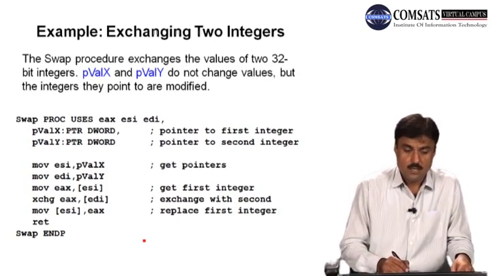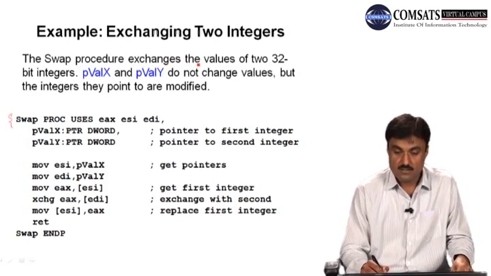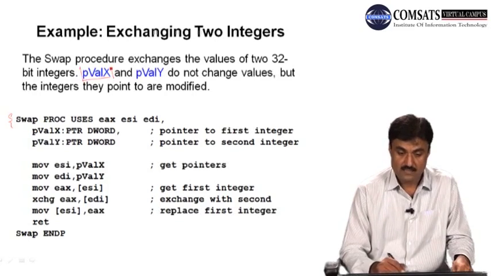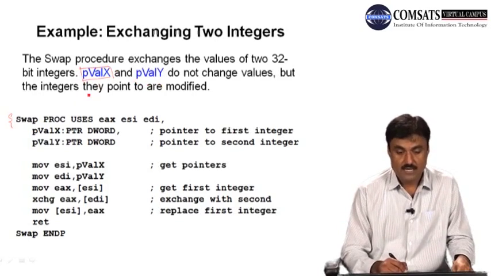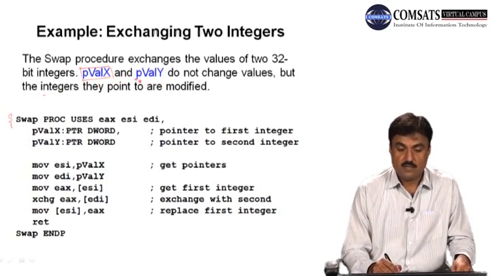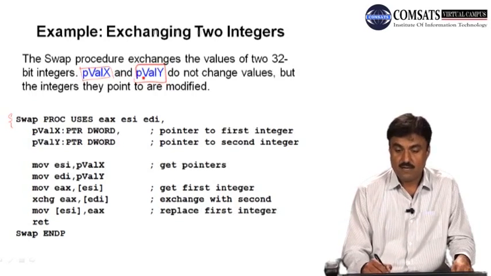Now here you can see we have this swap procedure, and this procedure exchanges the values of two 32-bit integers. These integers are pointed to by p-val x and p-val y.